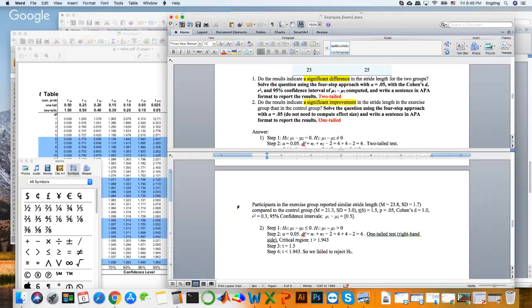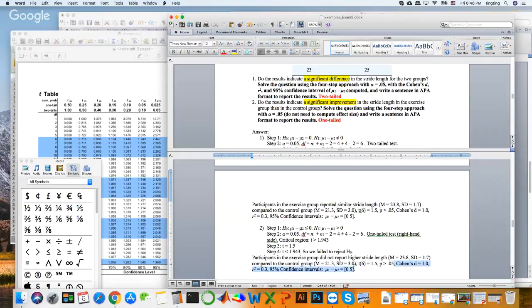Let's write a sentence. Most of the parts are exactly the same. Part is similar. So let's just not report higher. We cut the effect size part because we don't need to compute. Okay. That's it.